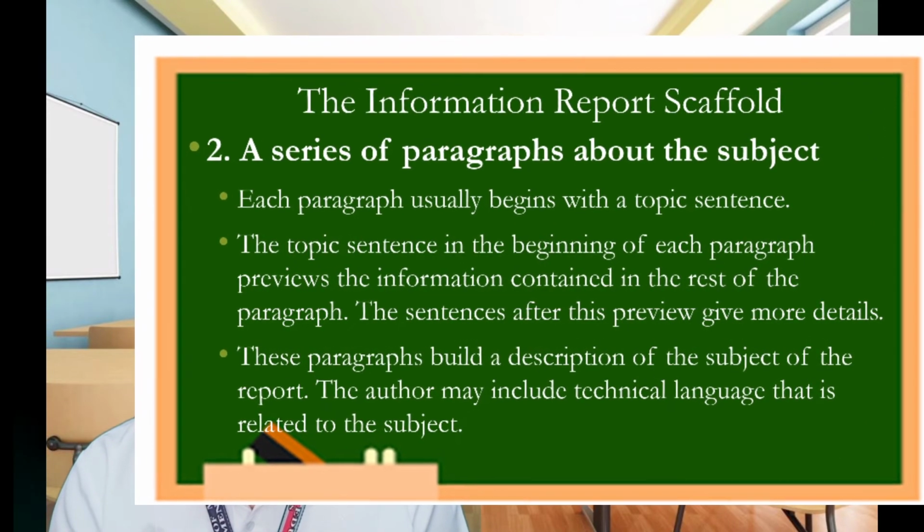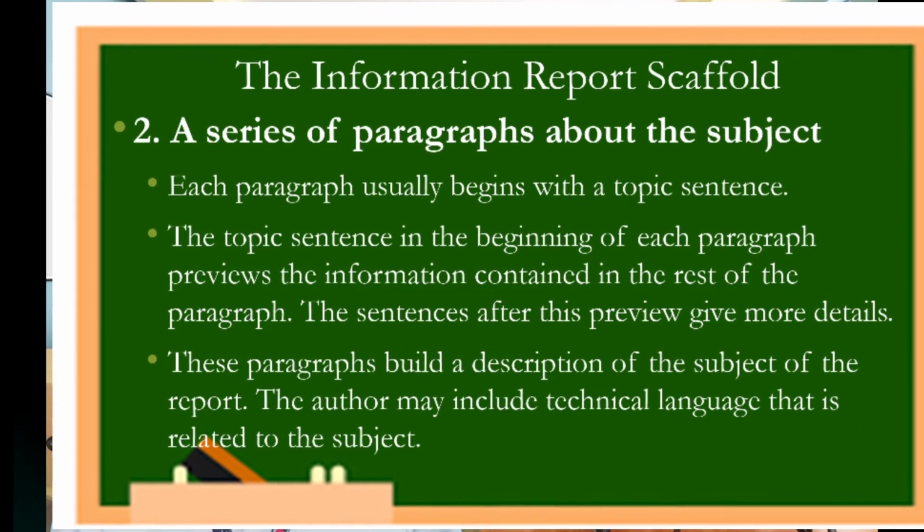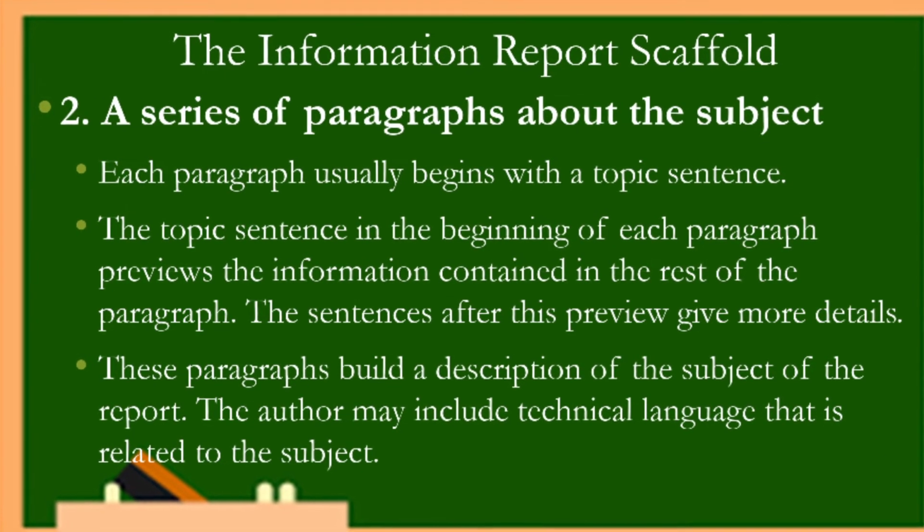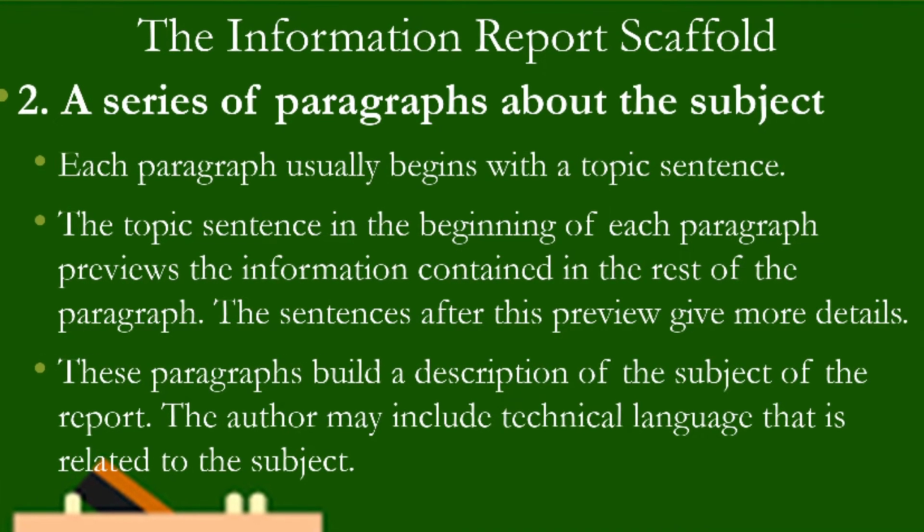The topic sentence, at the beginning of each paragraph, previews the information contained in the rest of the paragraph. The sentences after this preview give more details. These paragraphs build a description of the subject of the report. The author may include technical language that is related to the subject.